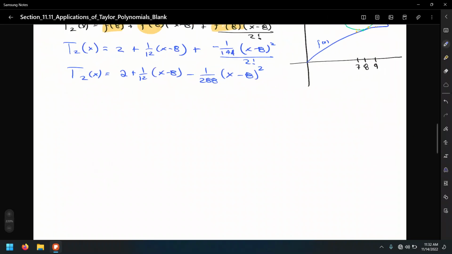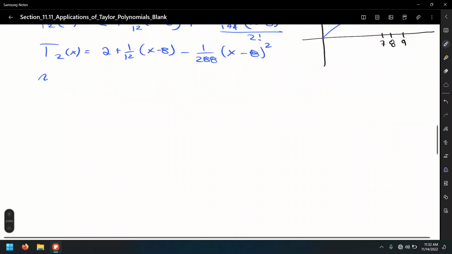Number one, we have Taylor's inequality that tells us that the remainder of using n terms is always less than or equal to some number M over n plus 1 factorial times the absolute value of x minus a.